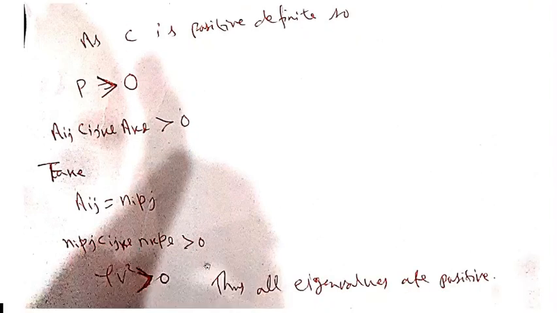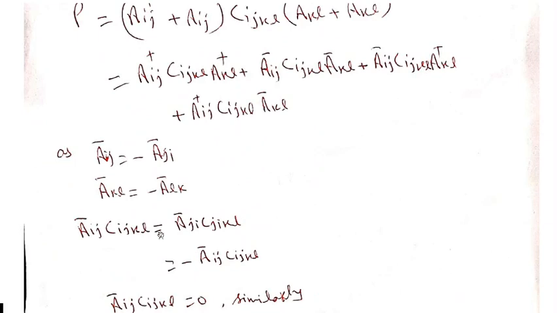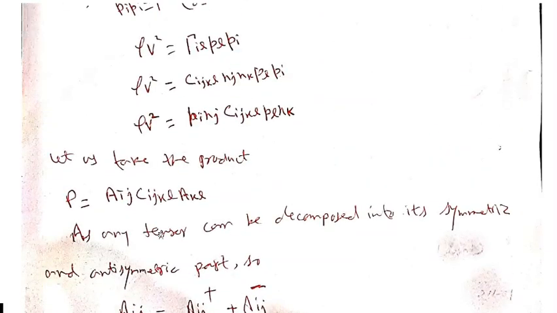So when we take n_i p_j, then we have seen that here would be a_in p_in_j C_ijkl p_l n_k. This is a_ij, this is a_lk, a_kl. You can write a_lk because this is symmetric, because at the end you have a symmetric result.